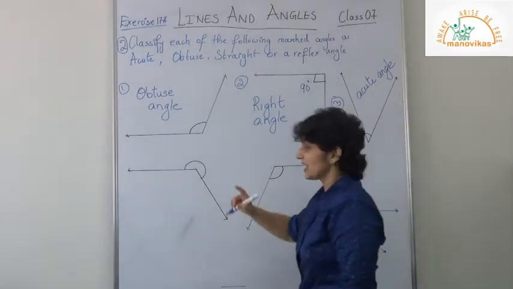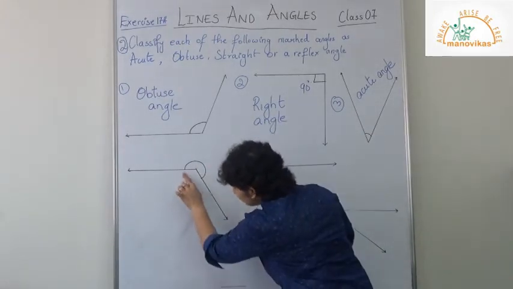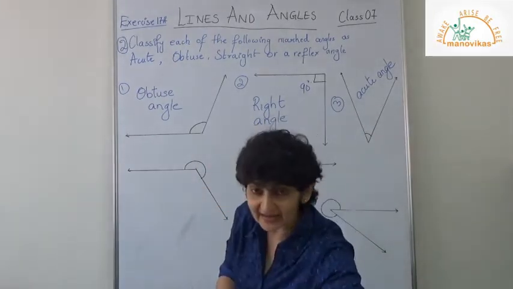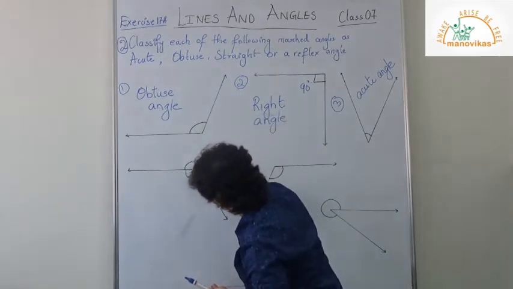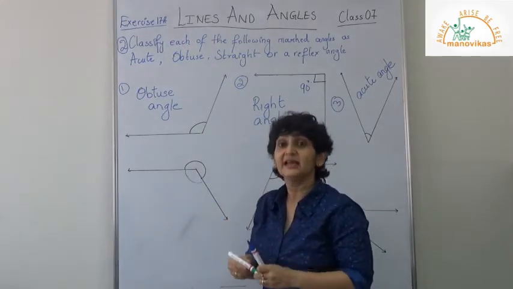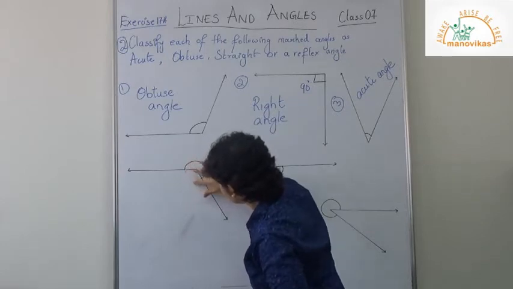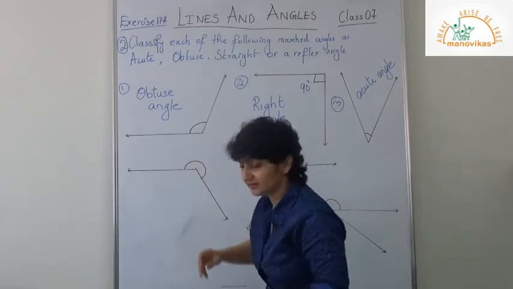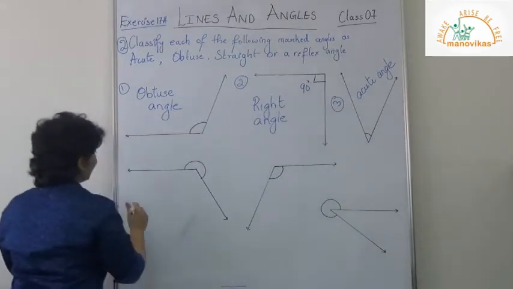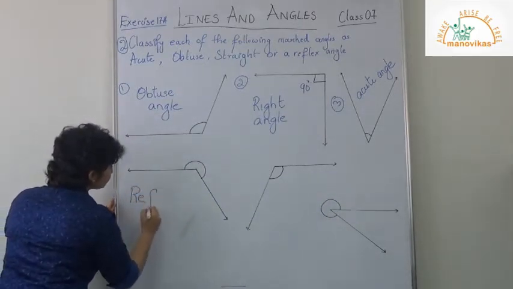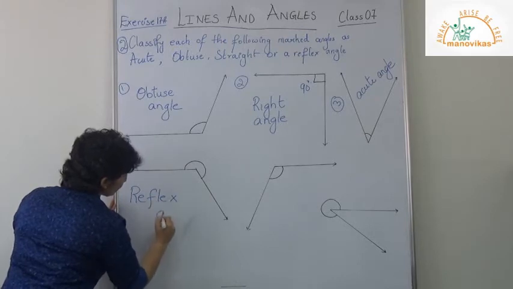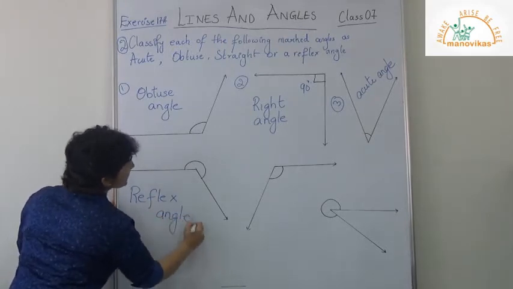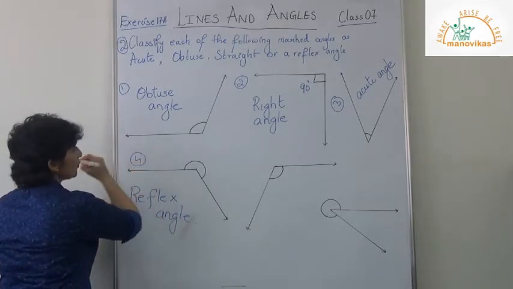Now, what do you understand here? What do you see? The angle is not inside. Please remember, it is not like this as you normally tend to see, isn't it? This is outside. So what angle is it, children? This is a reflex angle. This is your fourth one.